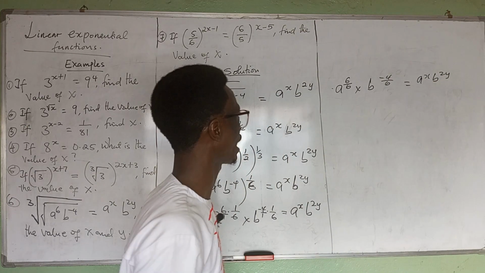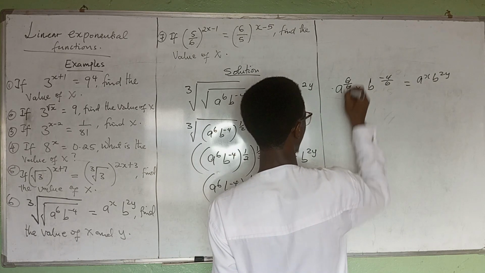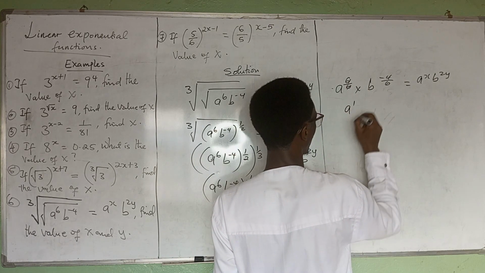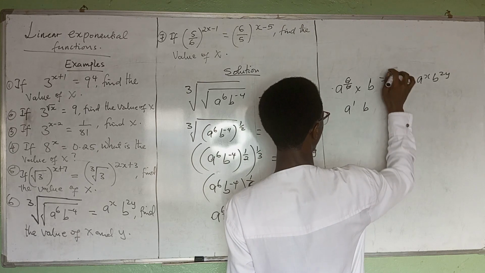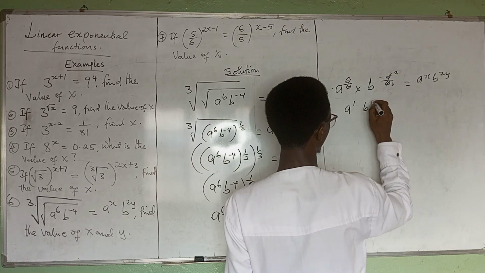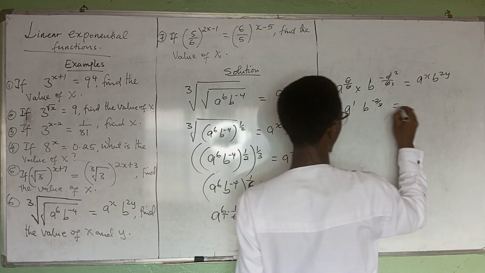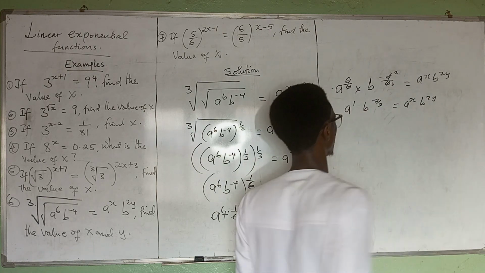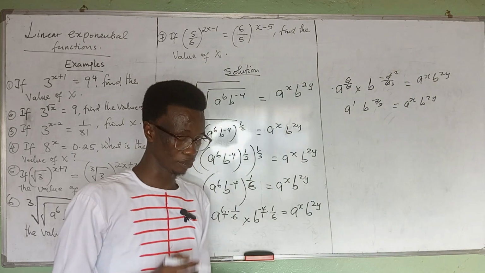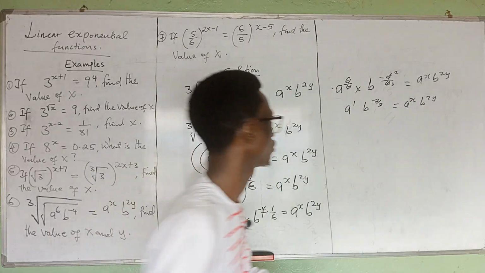Okay, so the next step, you cancel this, so this becomes a to the power 1. This becomes b, 2 here 1, 2 here 2 times, 2 here 3. So this becomes minus 2 over 3, equals a to the power x, b to the power 2y. So this is somehow different from the ones we solved already.